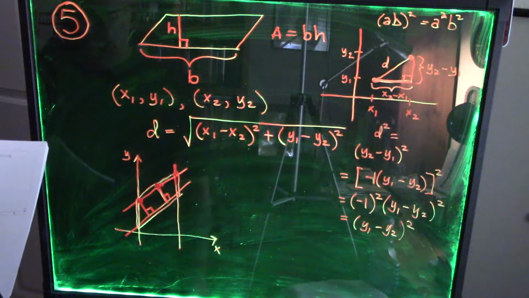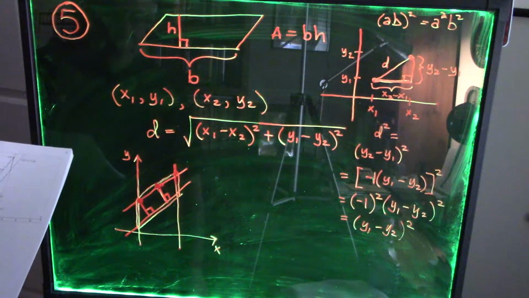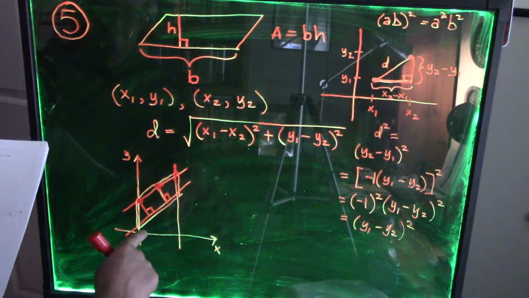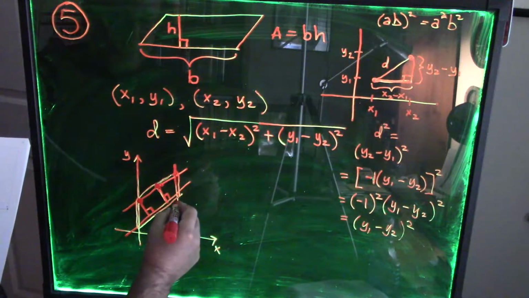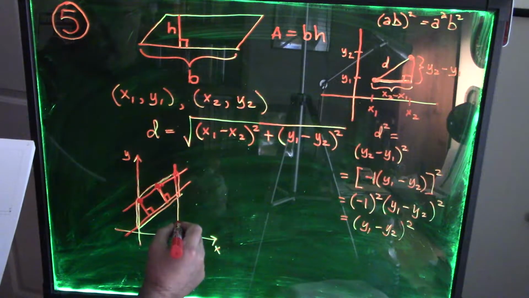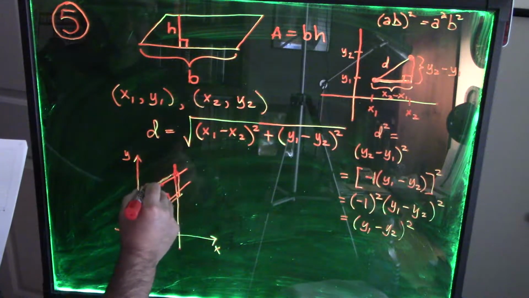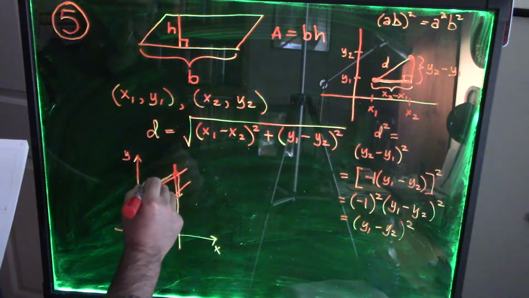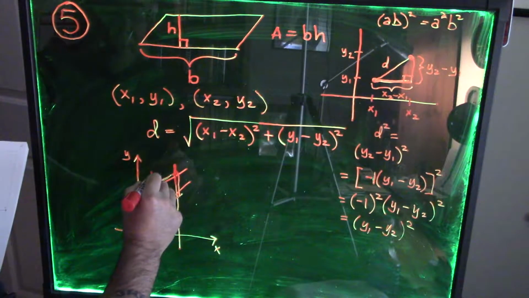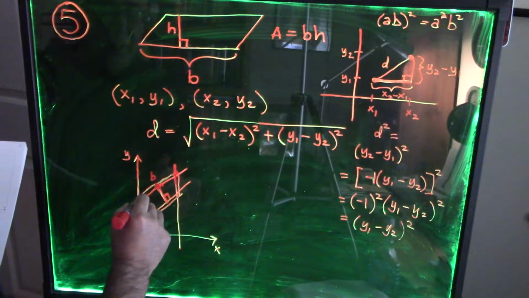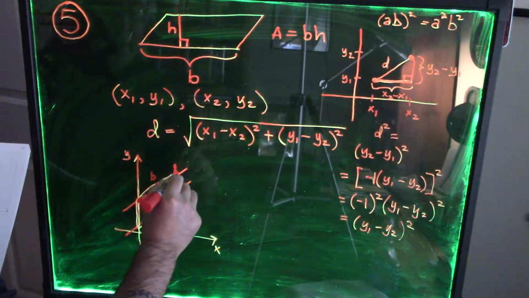Alright, so now what? Once we know what this is, we're also going to need to know the length of one of these two lines here. Let's call this b, this distance here to here.